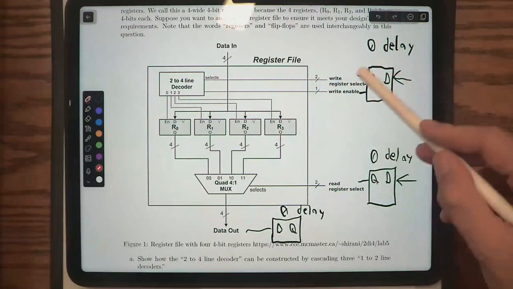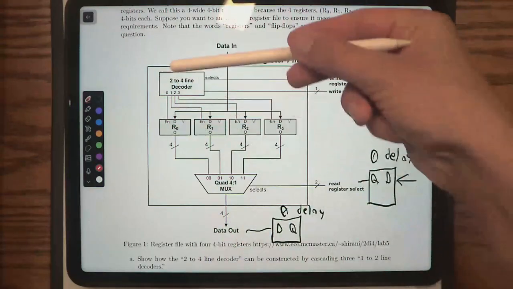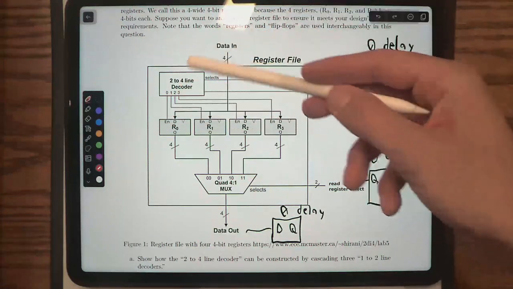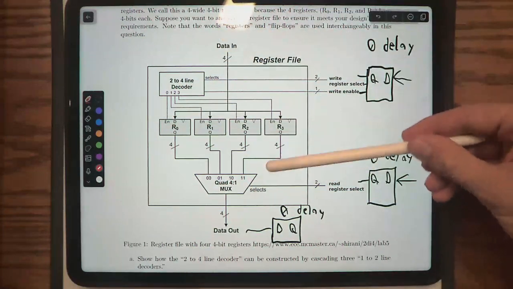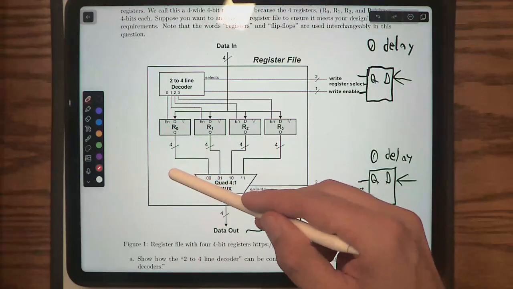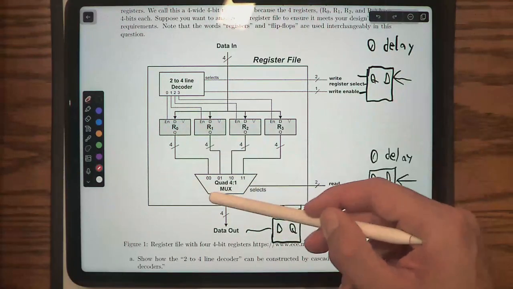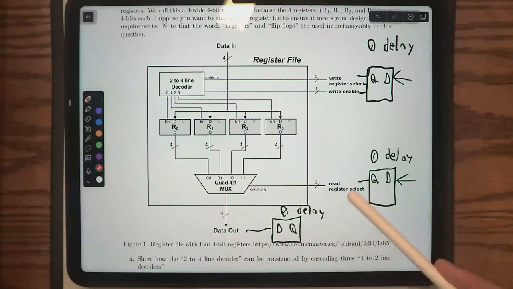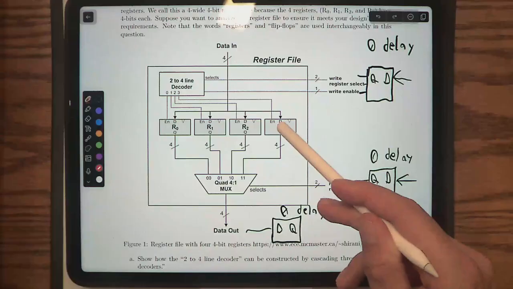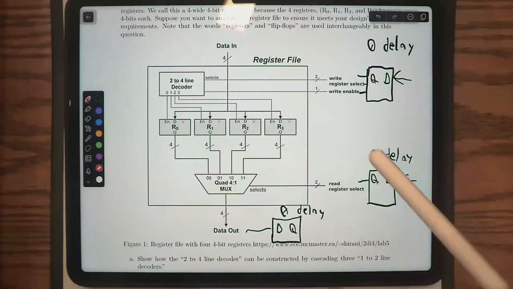So the write delay, we can assume, is whatever comes out of this, through these decoders, plus the setup time for each of these, because it's going into the D side. And on this side, we don't care about setup time at all, because it's just the clock to Q, then through this mux, and then through this magical flip-flop with 0 delay. So it's basically just the clock to Q that you have to worry about on this side.